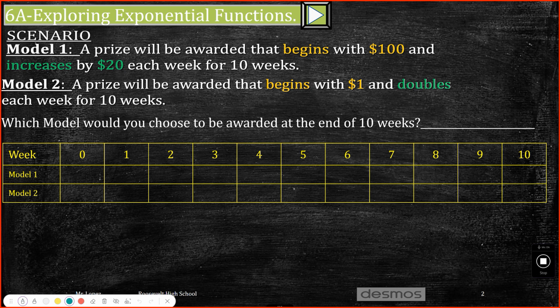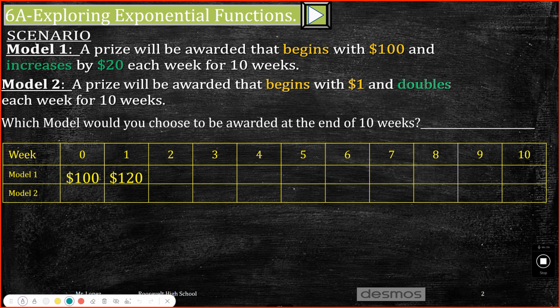So for model 1, you have $100, and it increases by 20. I don't think you need a calculator. How much money would you have after the first week if you add 20? 120, yes. Then 140.